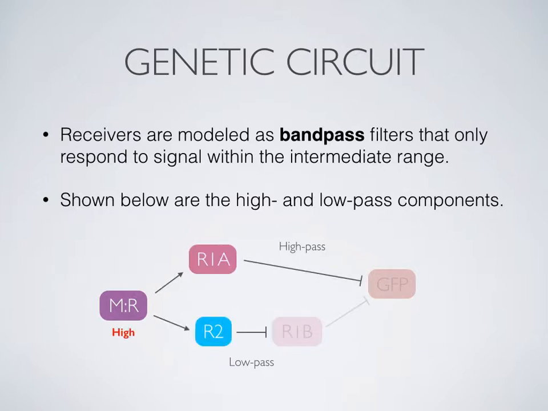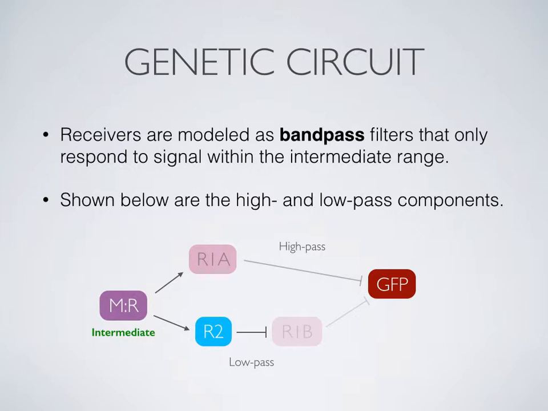Similarly, if the signal is too high, R1A will be in abundance and will repress GFP. However, if the signal is in an intermediate range, R2 will repress R1B, and R1A will not have the strength to repress GFP completely, and thus we will get fluorescence.